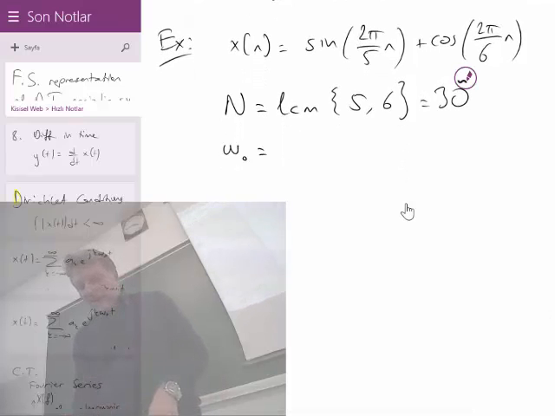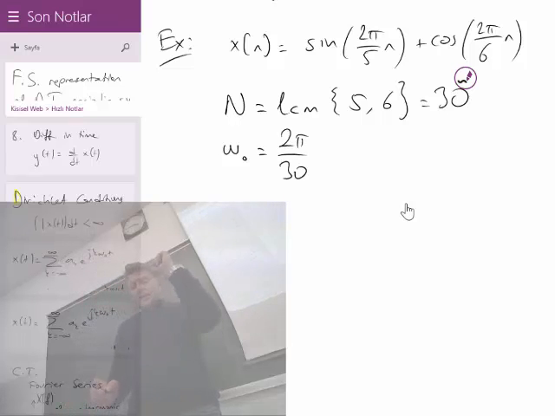Therefore, the fundamental frequency is 2 pi over 30. Now, if we want to represent x of n using the Euler's expansion, what will it be?